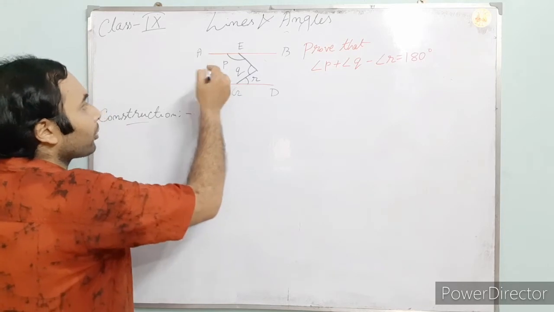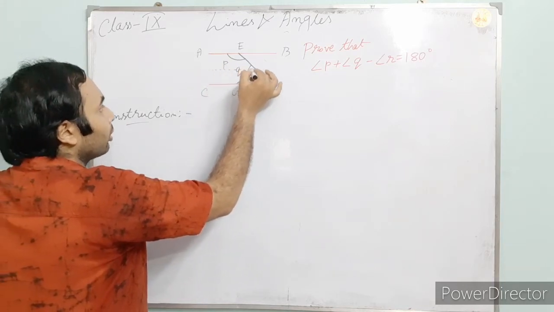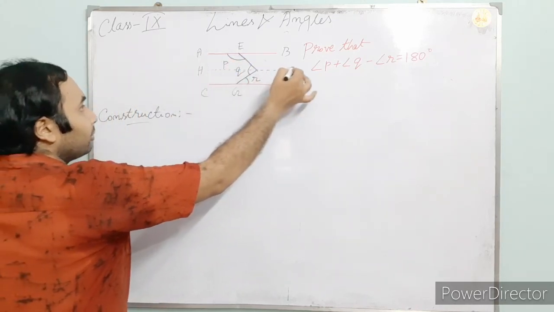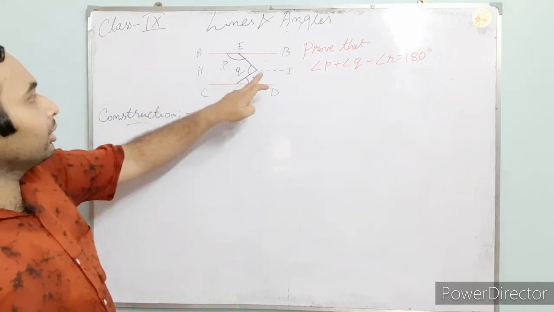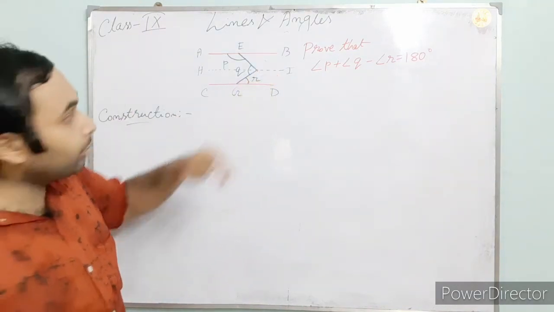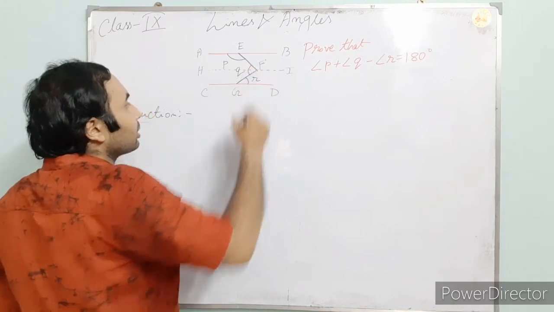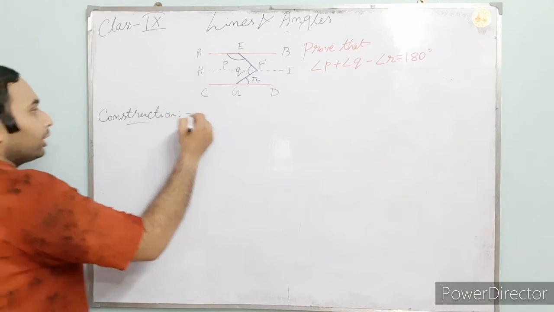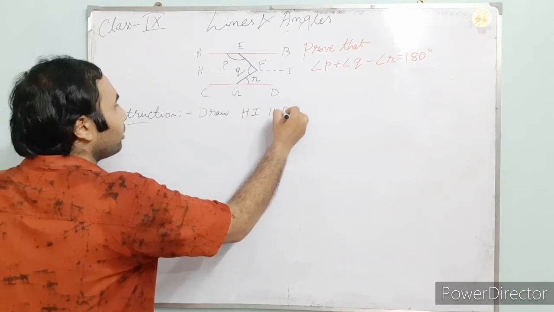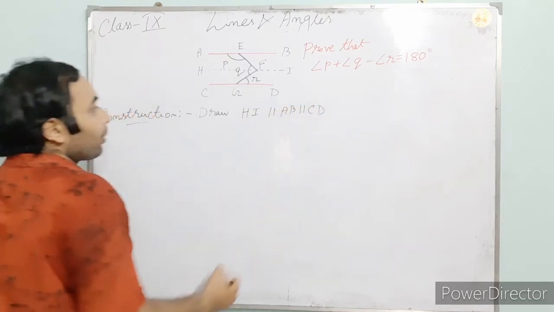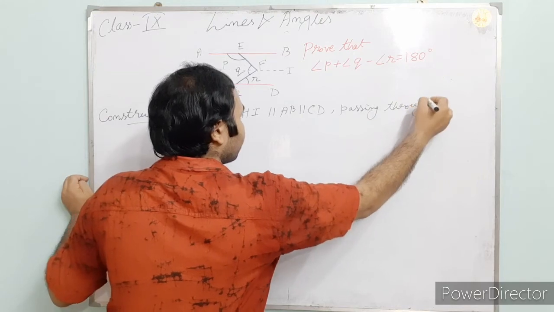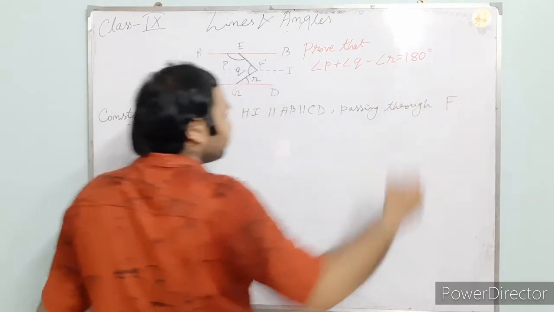What will we construct here? We will just draw one parallel line HI, which is passing through this point, the name given over there, F. I am writing: draw HI parallel to AB and parallel to CD, obviously passing through F. Okay.